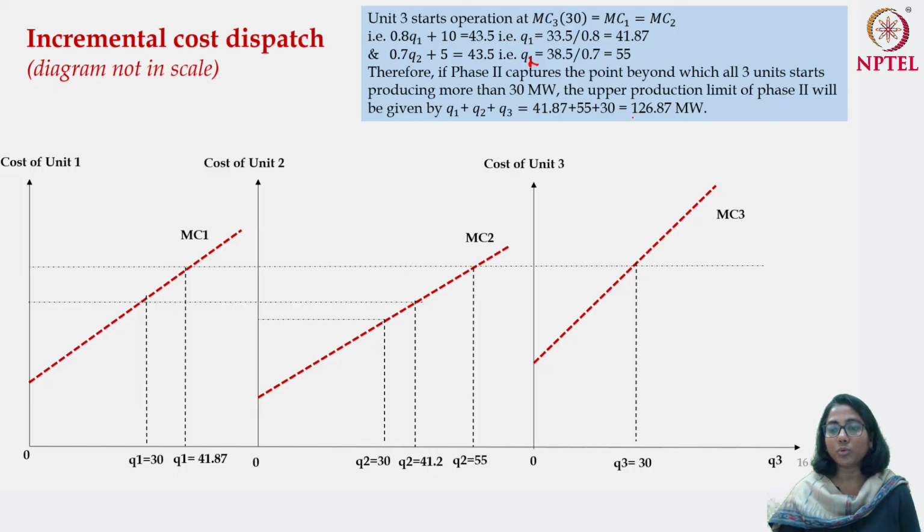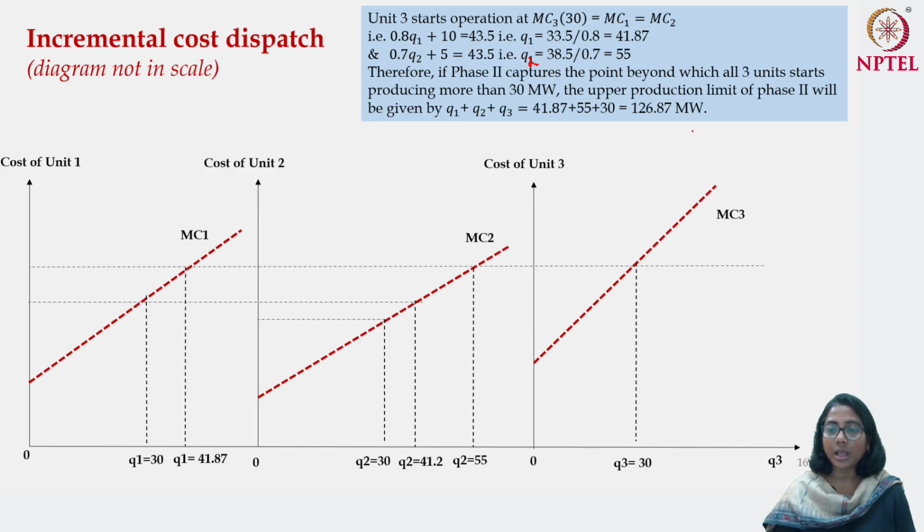So if you go back to the previous results, you will see that up to Q2 equal to 41.2, that is 41.2 plus 30 plus 30, which is 101.2, only the second unit was producing more than 30 units.